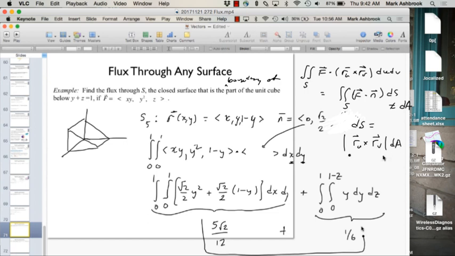So we were forgetting this. I was forgetting this part here. So when we were doing this way of doing F dot n, I would just put du dv here, whatever it was, dx dy or dr d theta, whatever we chose for our u and our v. When really dS is the magnitude of the cross product times dA.